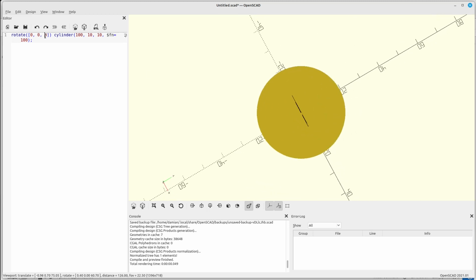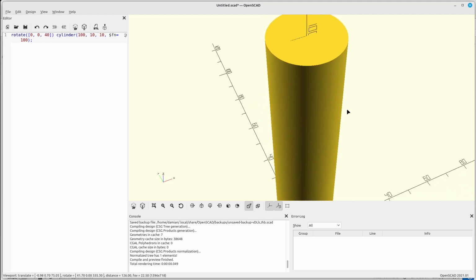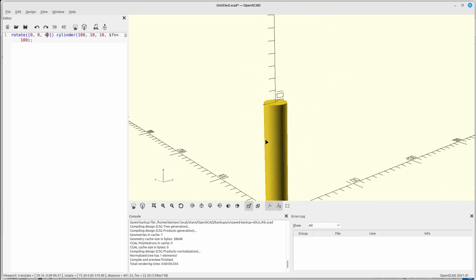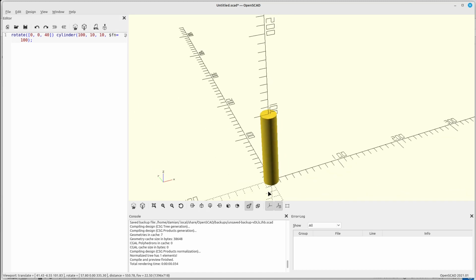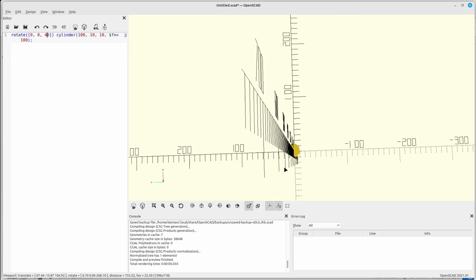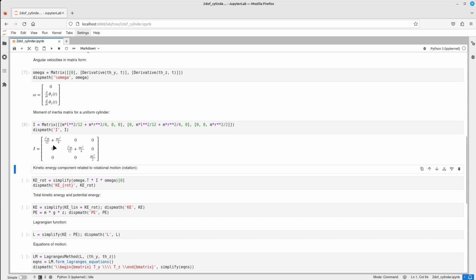So we could technically rotate it about the z-axis, but you wouldn't really see any difference because it looks the same from above, right?